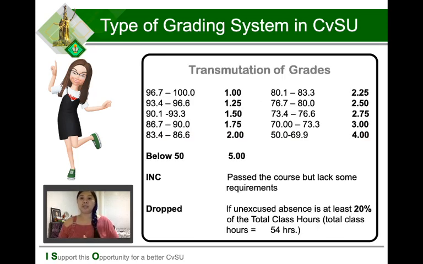This would be the transmutation of grades that we have in our university. So the highest grade is 1.0. That would be from the interval of 96.7 and 100. And then the lowest grade that we can give our student would be a grade of 4.